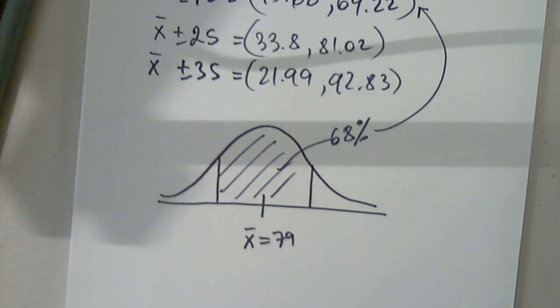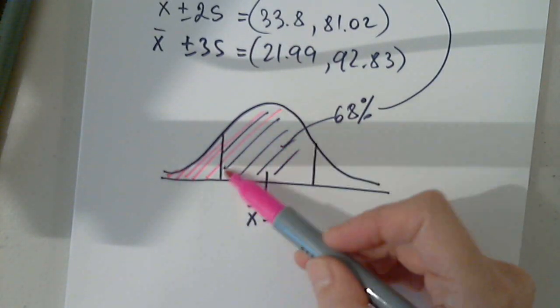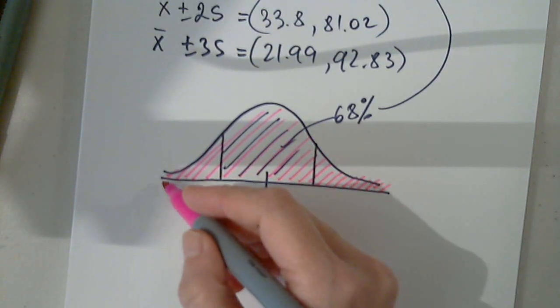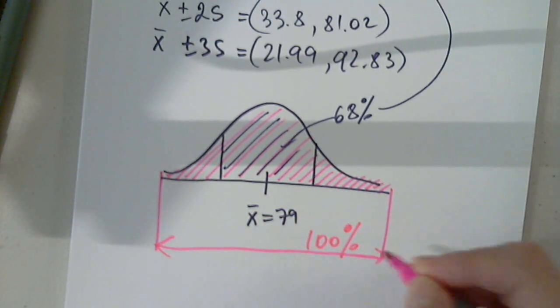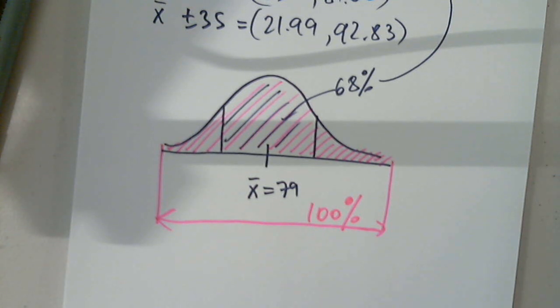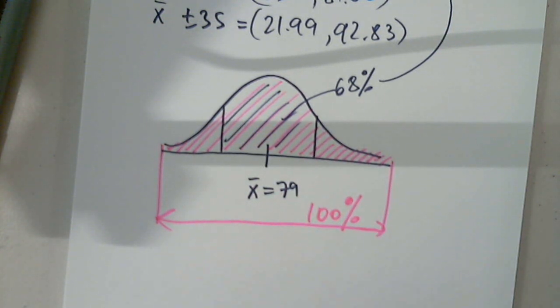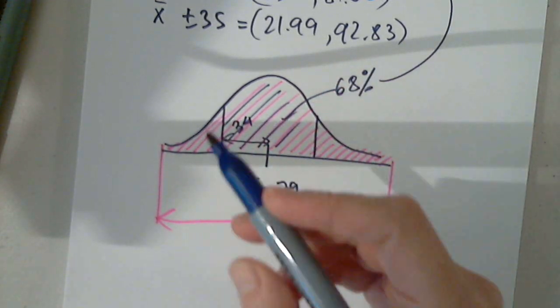So how do I determine this? So also, what is the percentage under the entire curve? Everything, 100%. Thank you very much. So if this is 68, then this piece must be 34%.